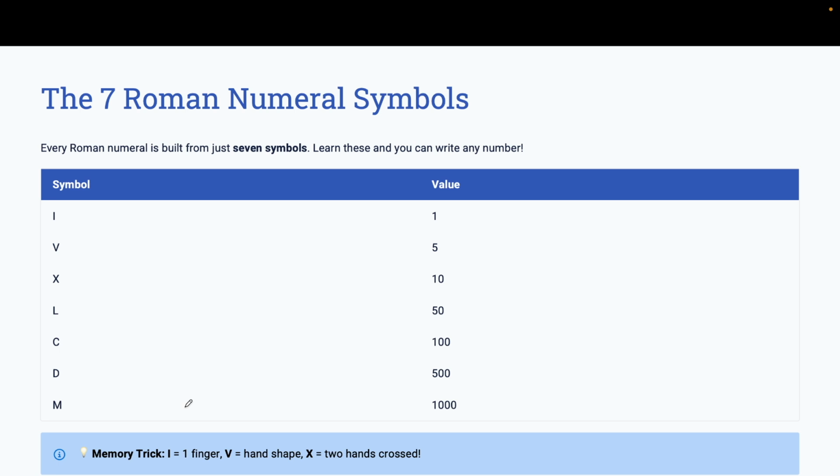Symbol I means 1, V means 5, X means 10, L means 50, C means 100, D means 500, and M means 1000. Okay?